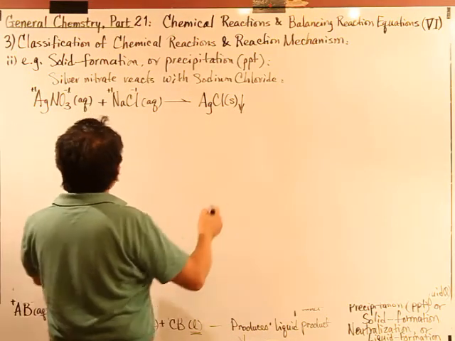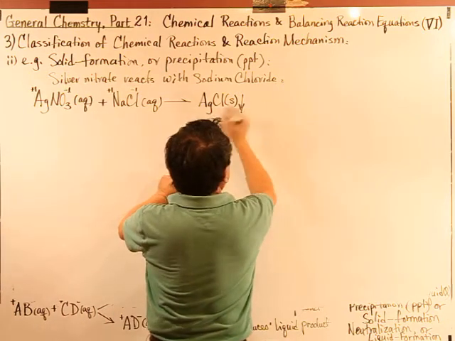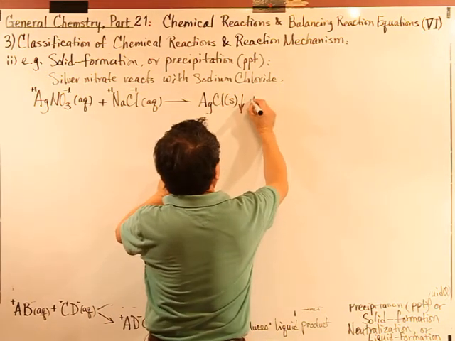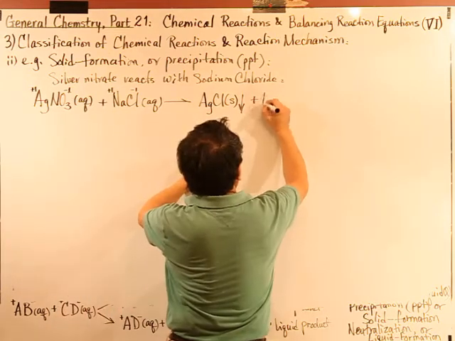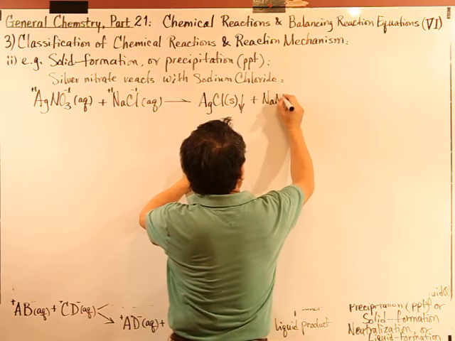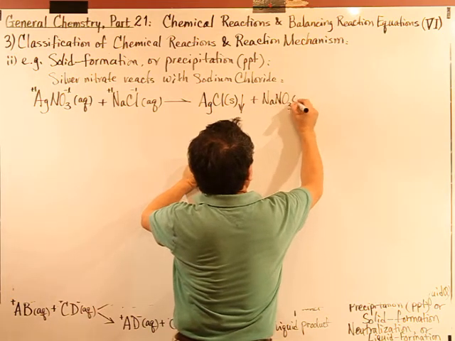and becomes solid, and then another one is what? Another one is left over. The sodium nitrate, as aqueous.